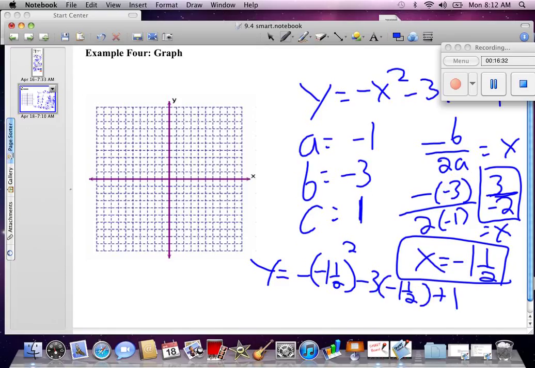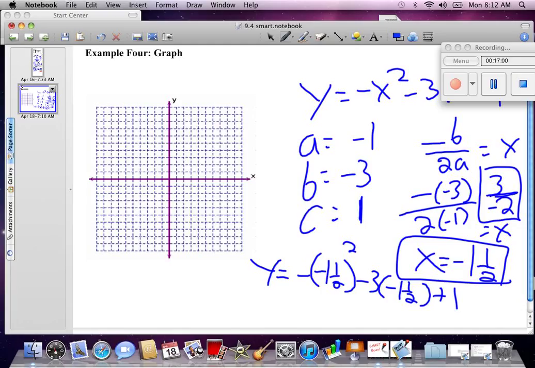Guys, don't kill yourself on trying to do this. Just plug it into your calculator. You have to make sure you put the parentheses in the right place, though. First I'm going to put a negative, then parentheses, negative 1.5. Then minus 3 times negative 1.5 plus 1.